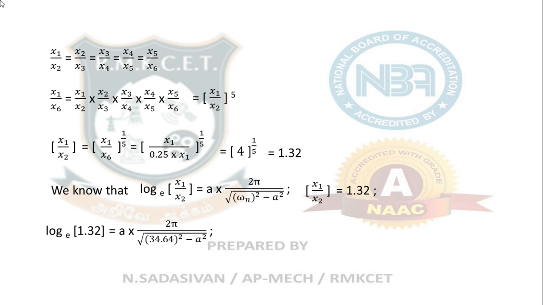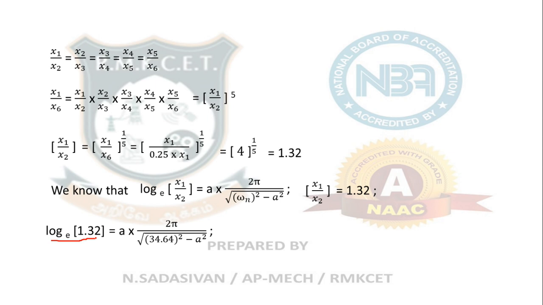Particularly this log term, you can take your calculator and check. If you put log of 1.32, your answer will be wrong. You have to put ln of 1.32. Search your calculator, see where it is. I don't know how many of you are having your calculator in hand.